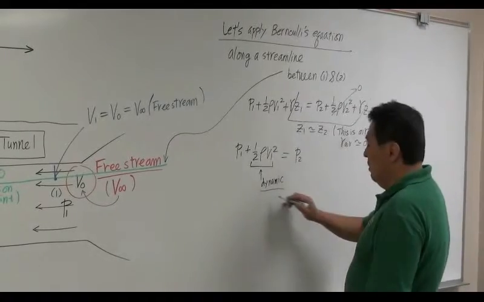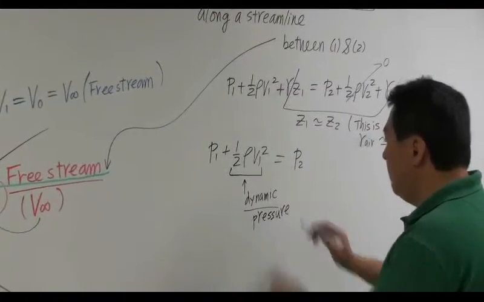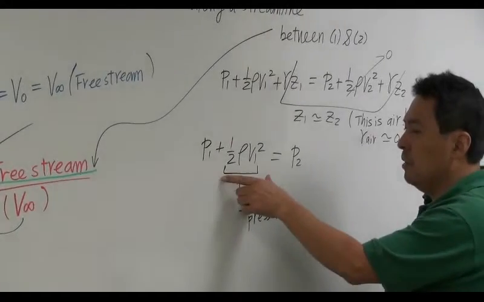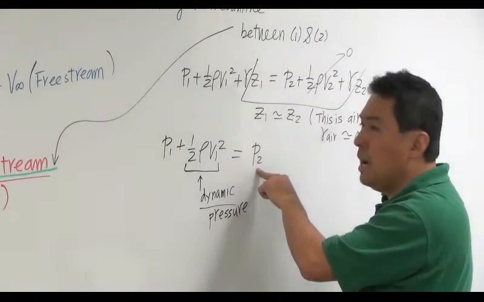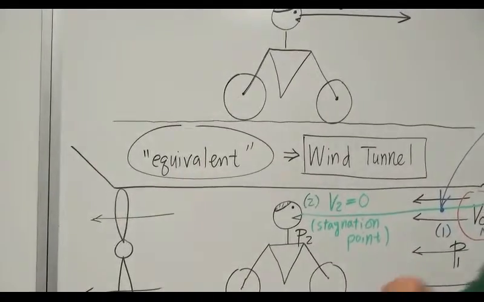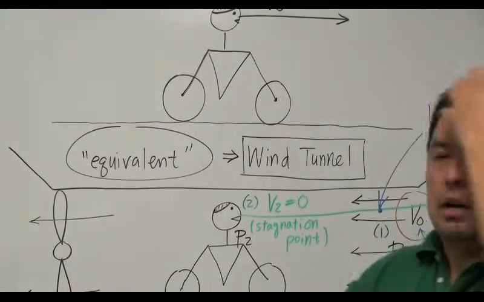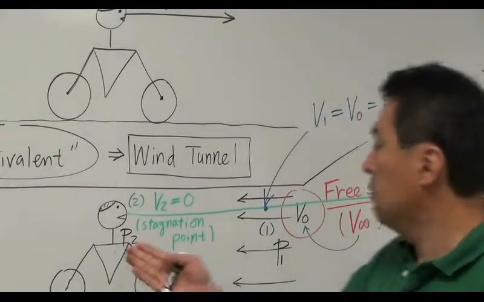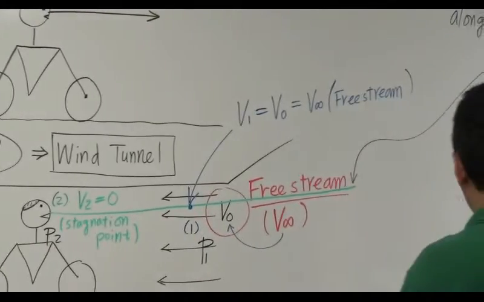So if you move faster and faster and faster, you're going to keep adding bigger and bigger value. So you end up having higher pressure developed right here. When you go faster and faster on your bicycle, you feel more and more high pressure at your stagnation point. Okay? So that's what it is.